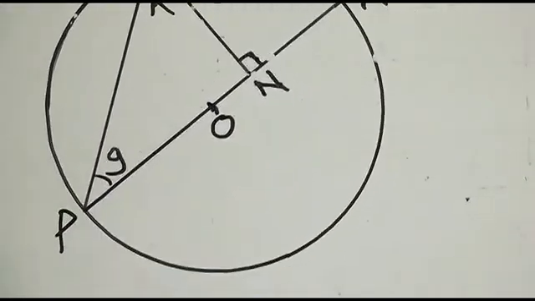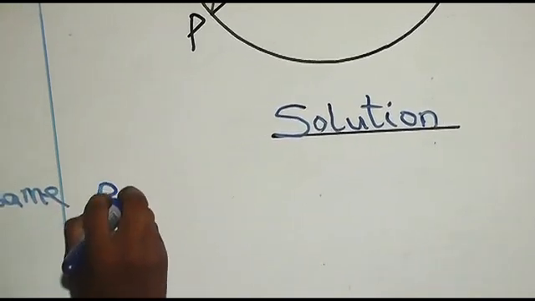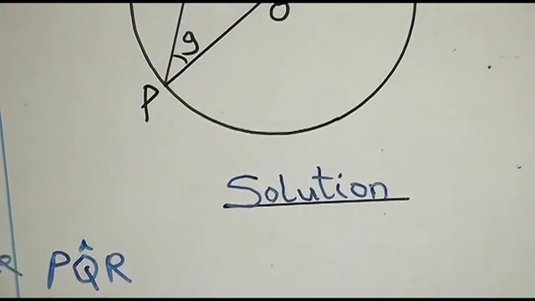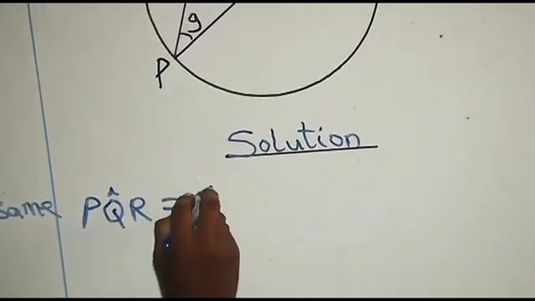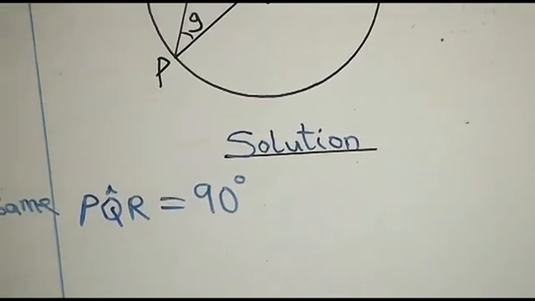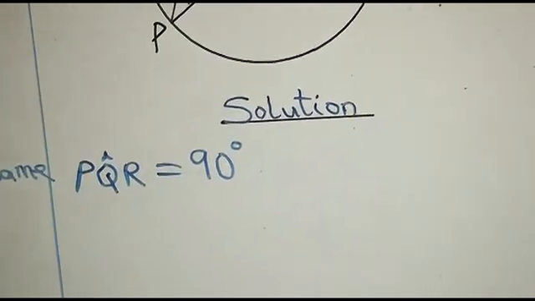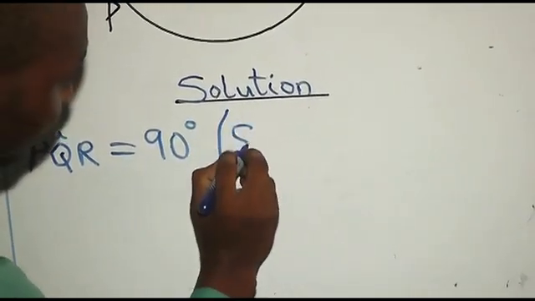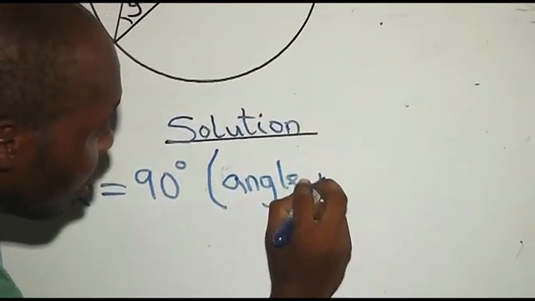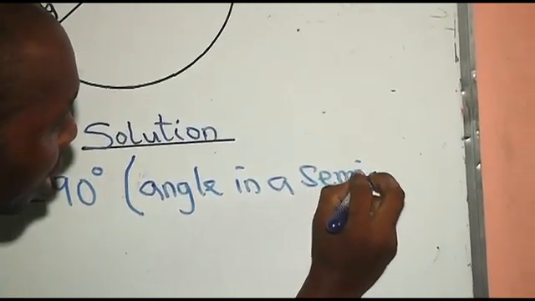So, solution. Angle PQR is what? It is 90 degrees. Why is it 90 degrees? Because it is the angle in a semicircle. So that is the reason. Angle in a semicircle.